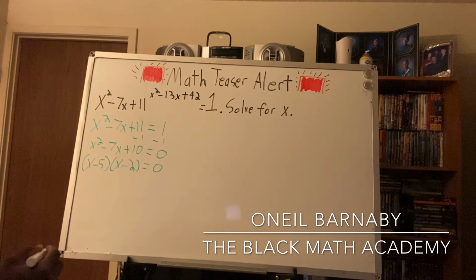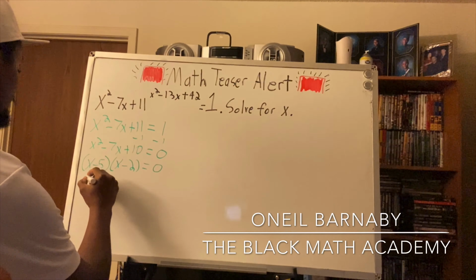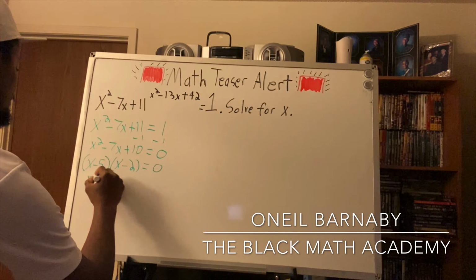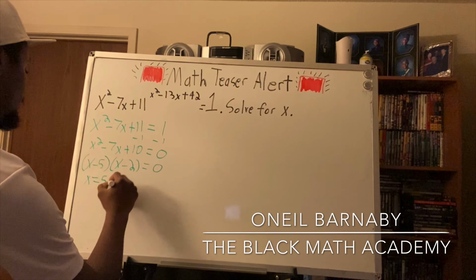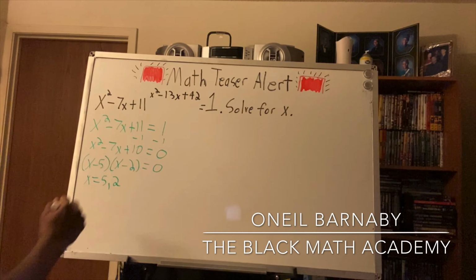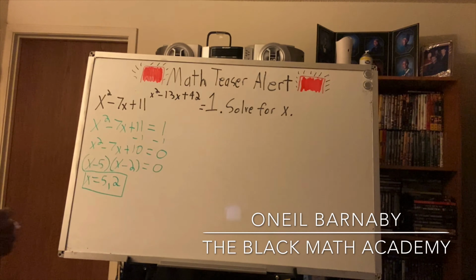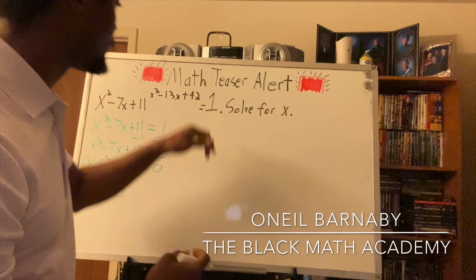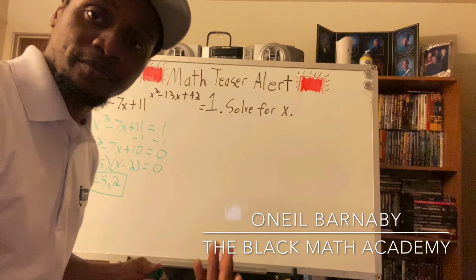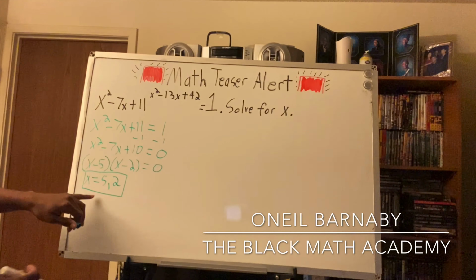And you would apply the zero product rule here, which basically says that x is equal to 5 and x is also equal to 2. So now we have 2 values of x that would make the base of our power 1, and then whatever the power is up here would allow it to be equal to 1 in the end.